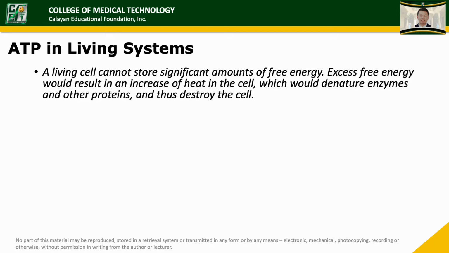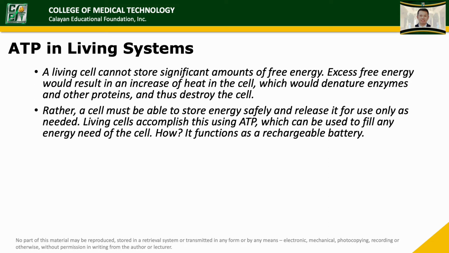So that's one thing we can consider: the energy cannot just be stored, because it will make the cell hot, and in that situation it will damage the enzymes in the cell as well as other proteins, and the cell will be destroyed.